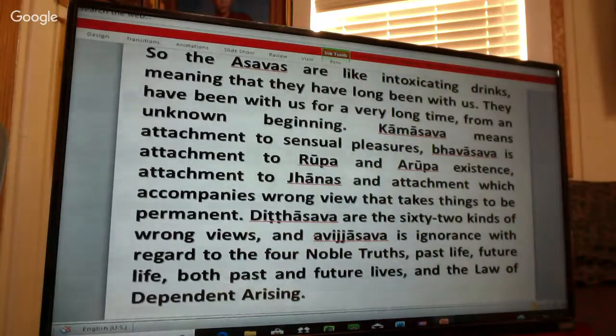Easily understand. But in theory it is very difficult, because we don't know the past and the future. If you really want to realize past life and future life, you need to practice insight meditation. The Buddha promised you will realize.